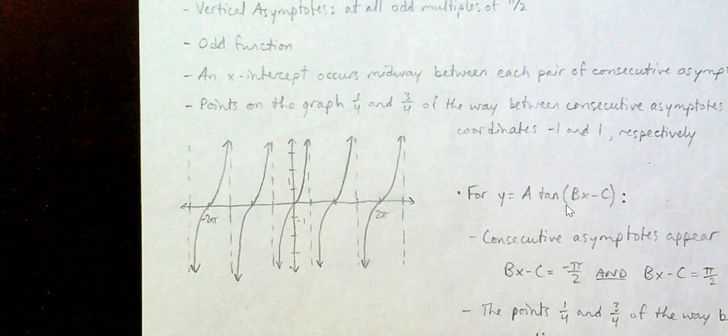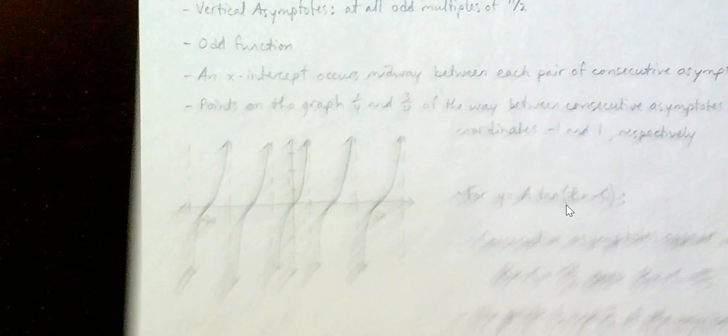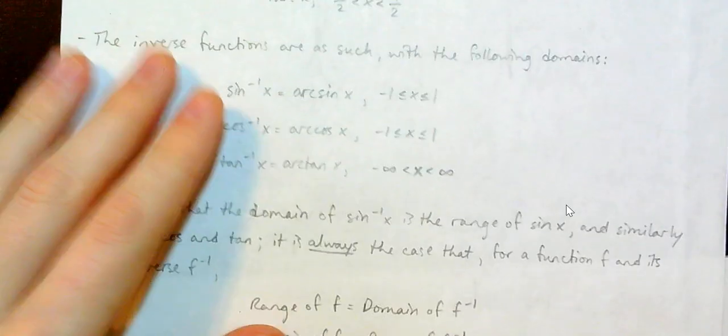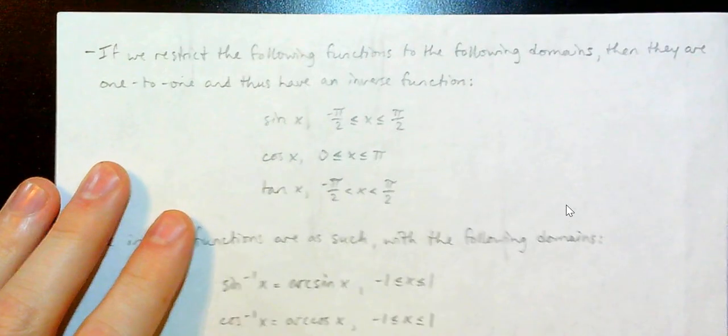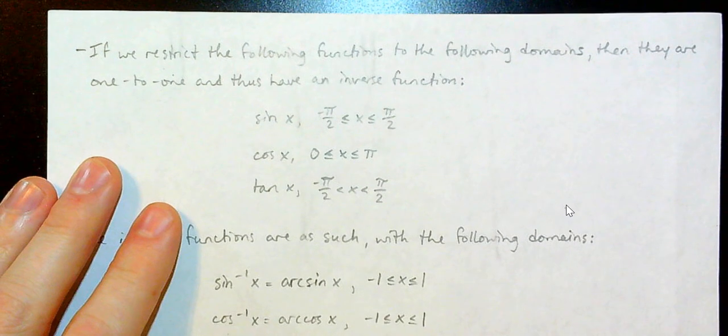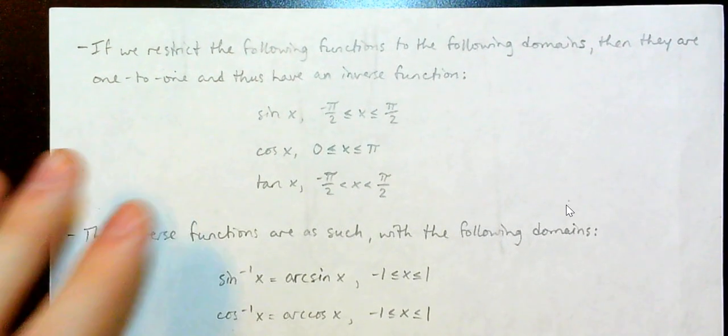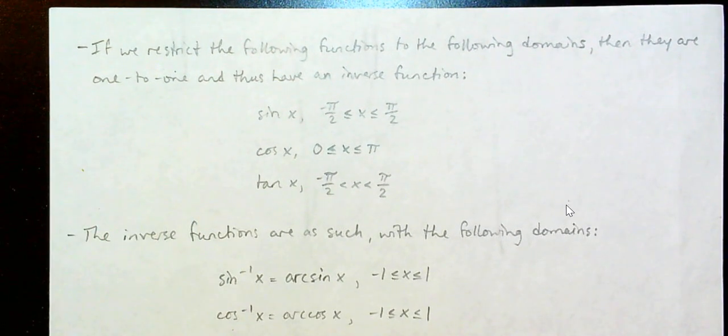So when we pull these little tricks, we have our inverse function. So that's what I have right there. For these 3 trig functions, over those particular intervals, the function is one-to-one, and then we have the inverse function.